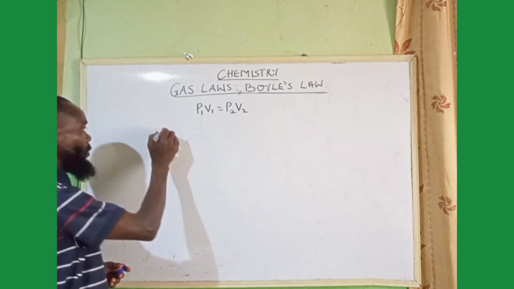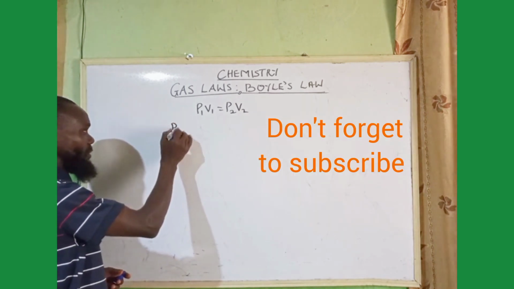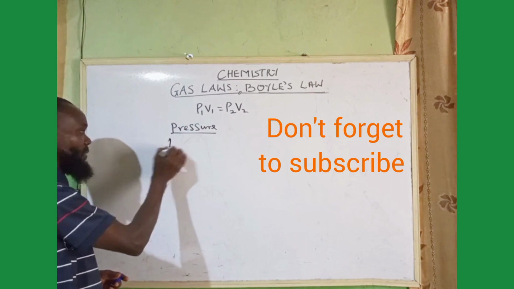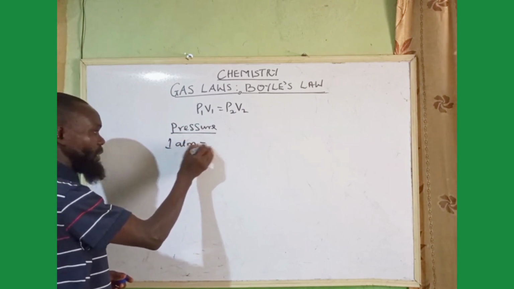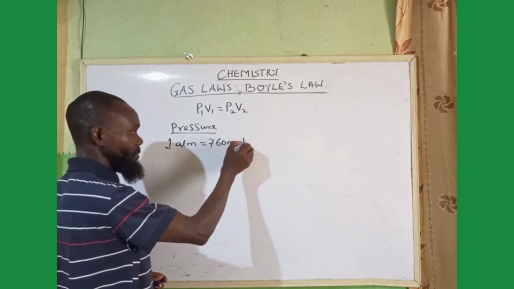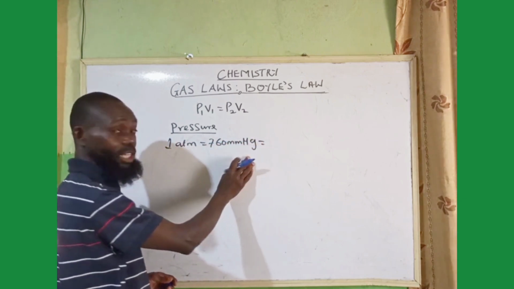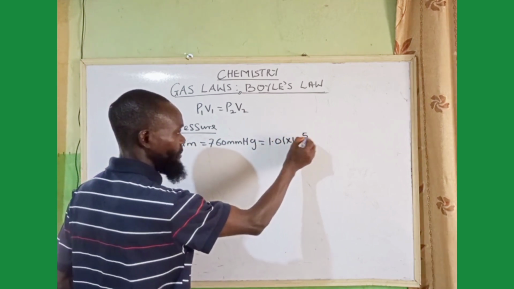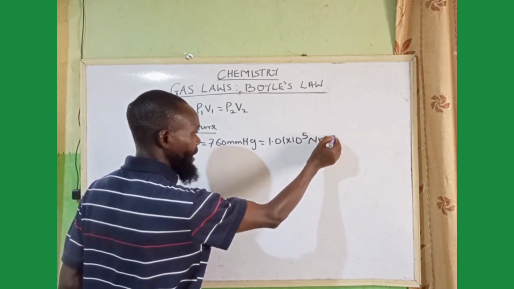For pressure, 1 atmosphere equals 760 millimeter of mercury, which in turn equals 1.01 multiplied by 10 raised to the power 5 Newton per meter square.